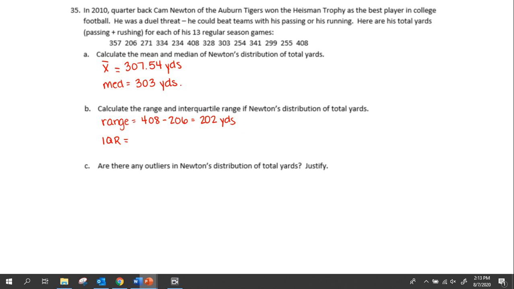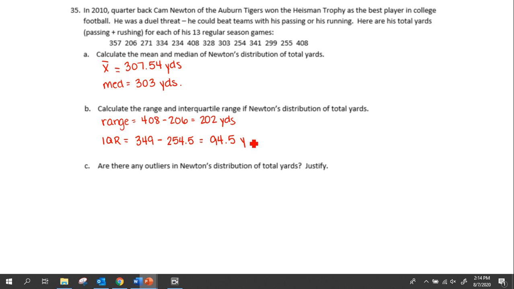His IQR would be 349, which is Q3, minus 254.5, which is 94.5.